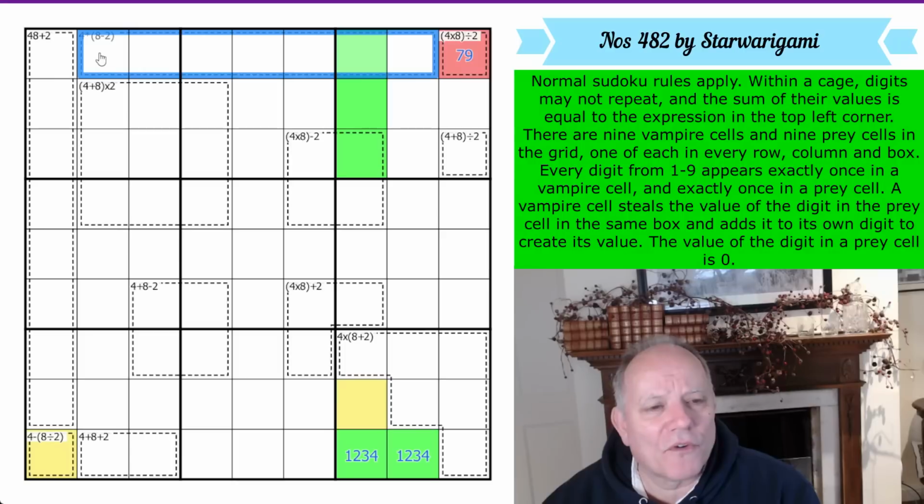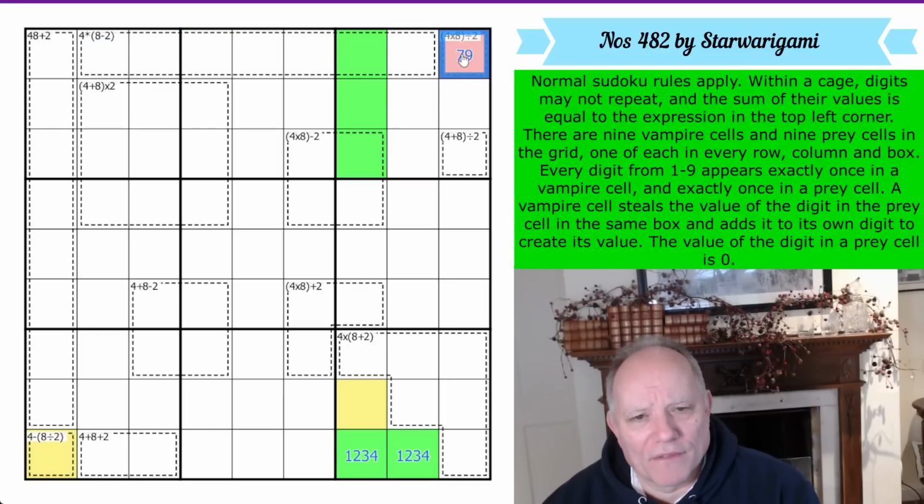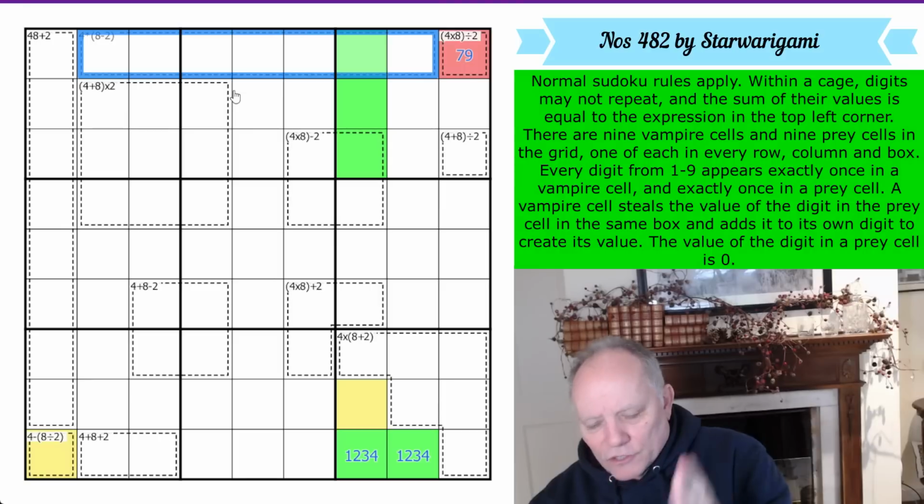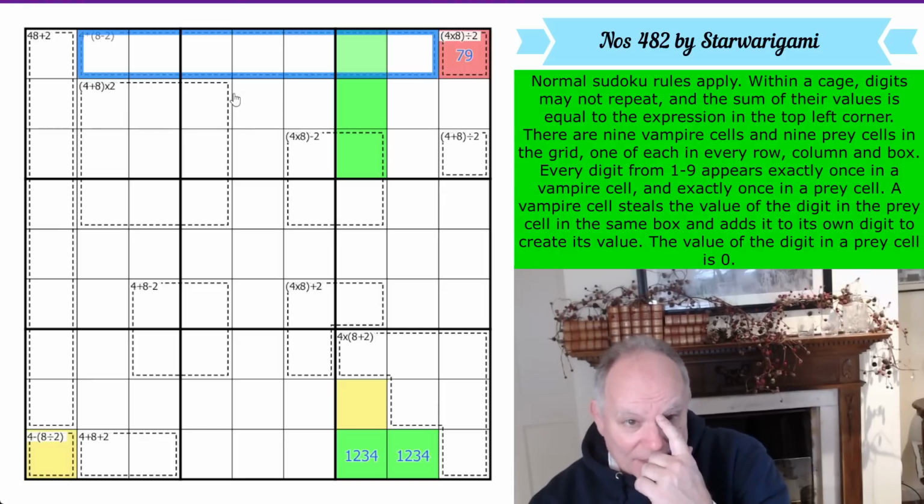This one is 4 times 6, 24. Well, we know it doesn't have a vampire cell in, and I think I could have deduced that. It must have a prey cell in, because the minimum value of 7 cells is the triangular number for 7, which is 28.